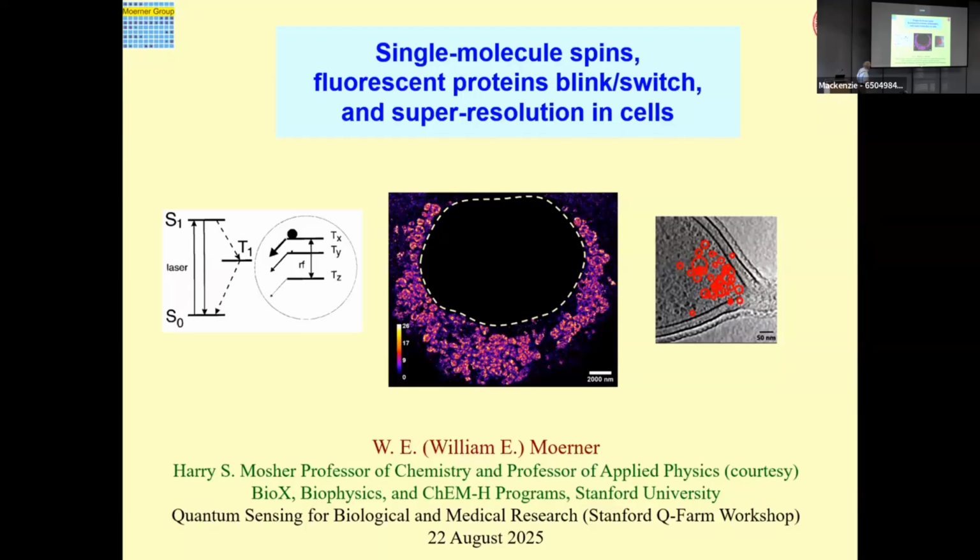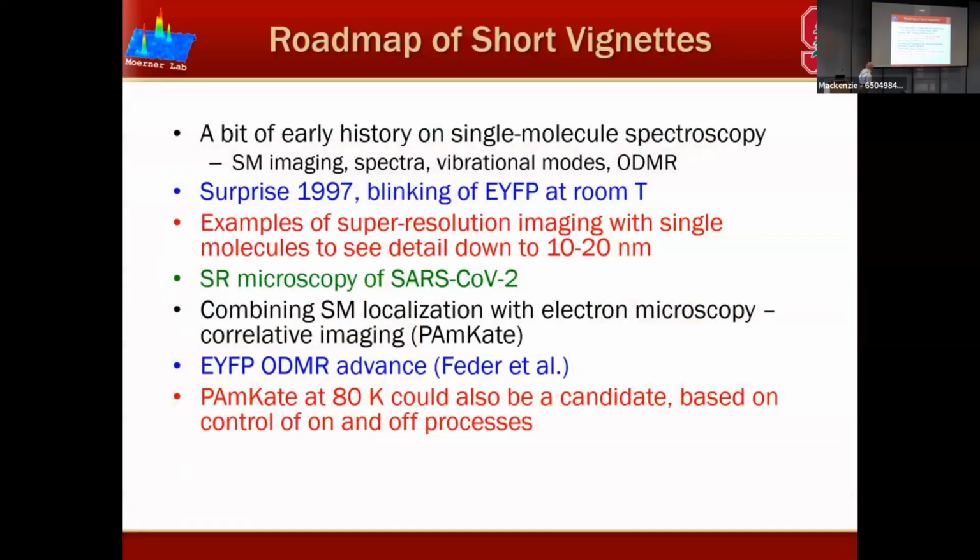So the idea here is, here's the overview. I'm going to give a little bit of early history. Some people may not have seen some of the early single molecule imaging, spectra, vibrational modes, and the ODMR of those years. The surprise in 1997, which is this blinking process, and EYFP. And EYFP keeps coming back a little bit because that's also this protein that was used for this ODMR advance by Fader et al.